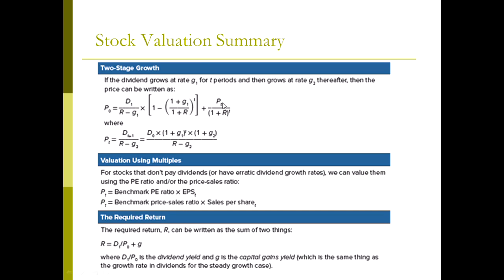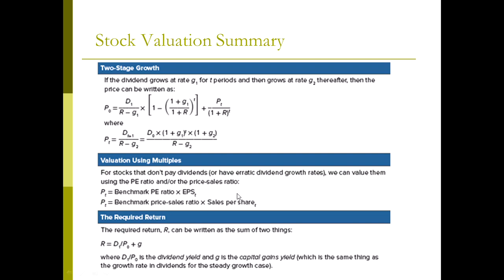In the second stage, G2, the growth rate is constant forever, a stable growth rate. I did not introduce this formula in our lecture notes because I want you to draw the timeline to solve the problem instead of remembering this very complicated formula.